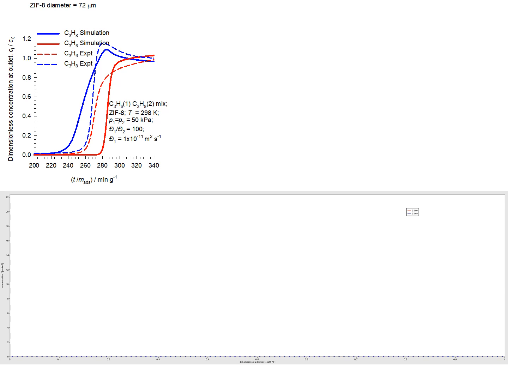And if we look at the transient breakthrough simulations, we see that the saturated propane is practically excluded from the pores and traverses along the fixed bed in the gas phase faster than the unsaturated propene.